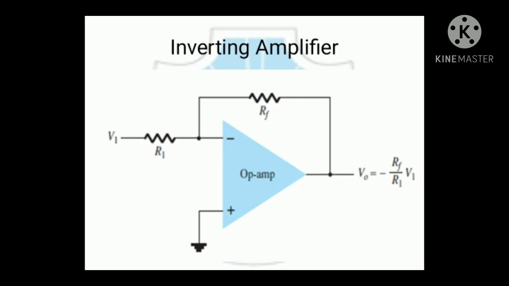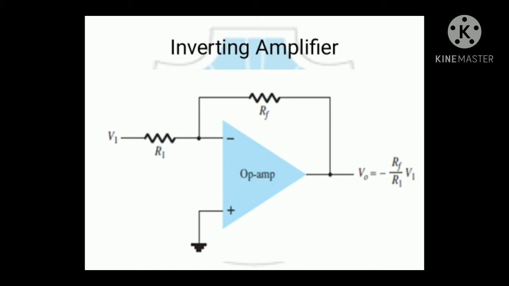First, the inverting amplifier. This is the basic circuit of an inverting amplifier, in which the non-inverting terminal, that is the plus terminal, is grounded, and the inverting terminal, which is the minus terminal, is given a negative feedback via a feedback resistance RF.